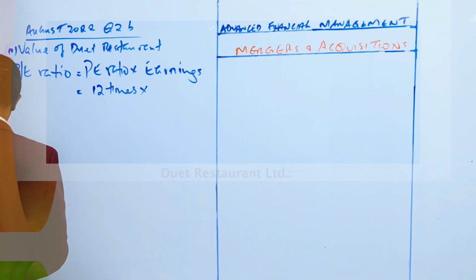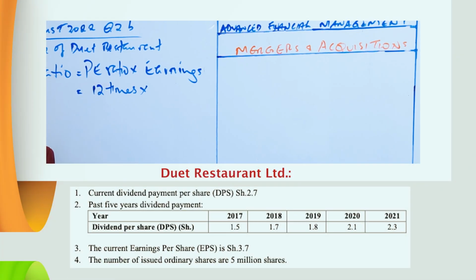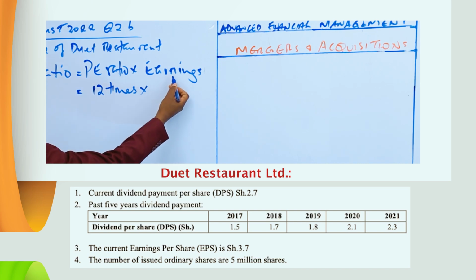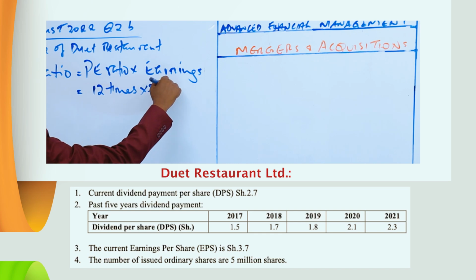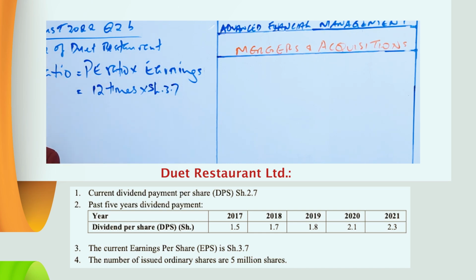What is the earnings? Note number 3 under Duet Restaurant. The current earnings per share. We need to calculate the earnings. So the earnings per share there is 3.7. Note number 3, the current earnings per share for Duet is 3.7.